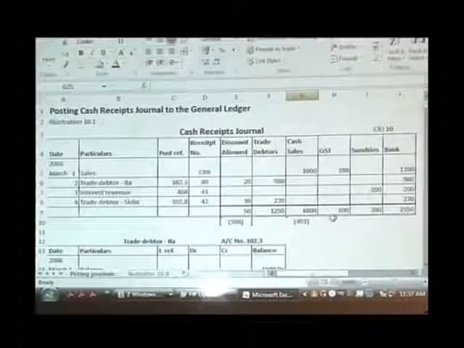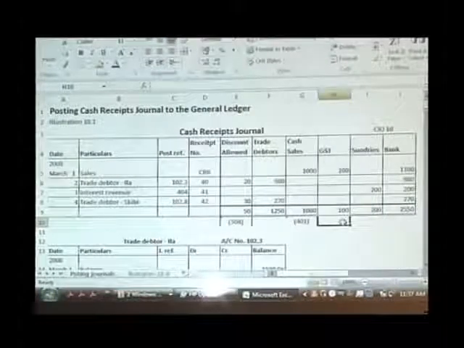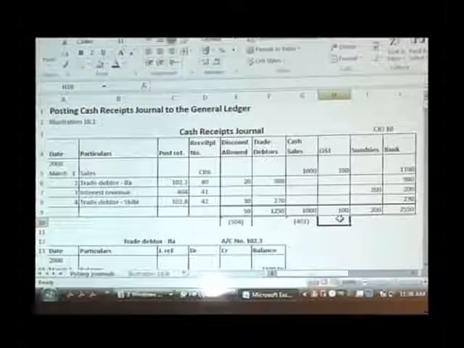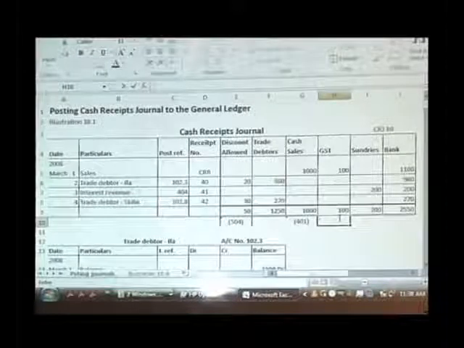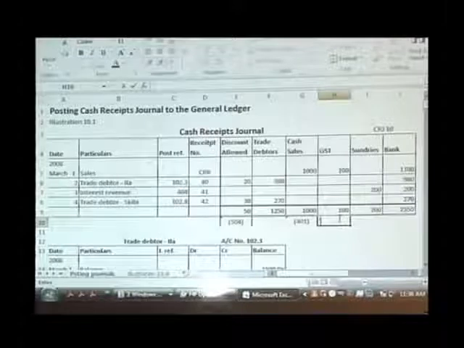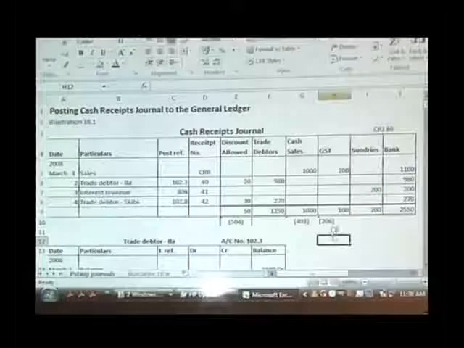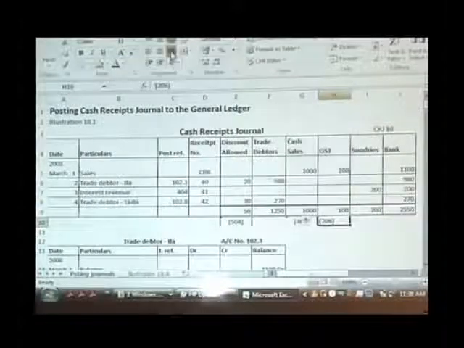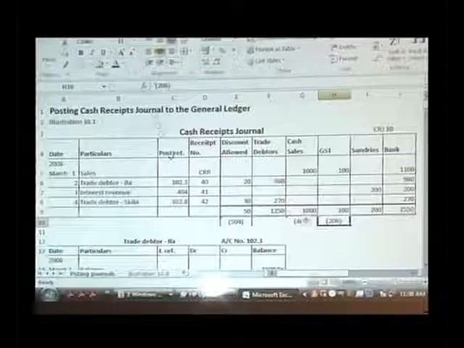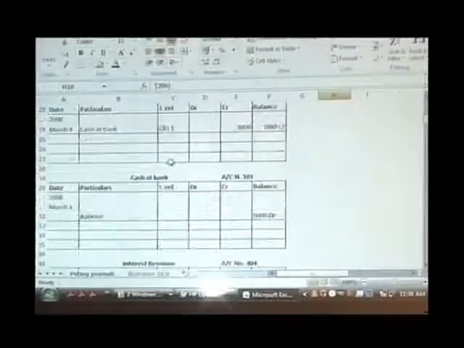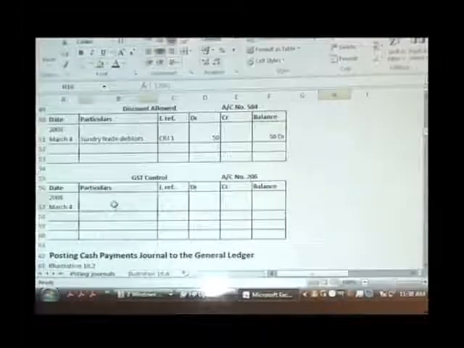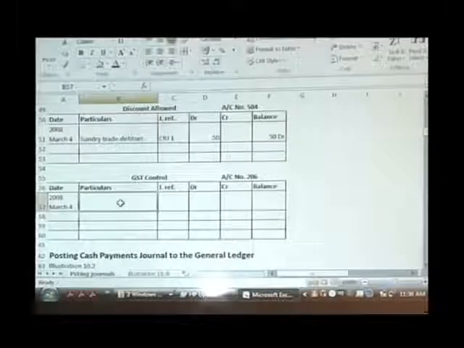Now the GST column. Again, the GST column is posted as a total. Then find the account number. The account number is 206. Then find the GST account. The GST account is here.